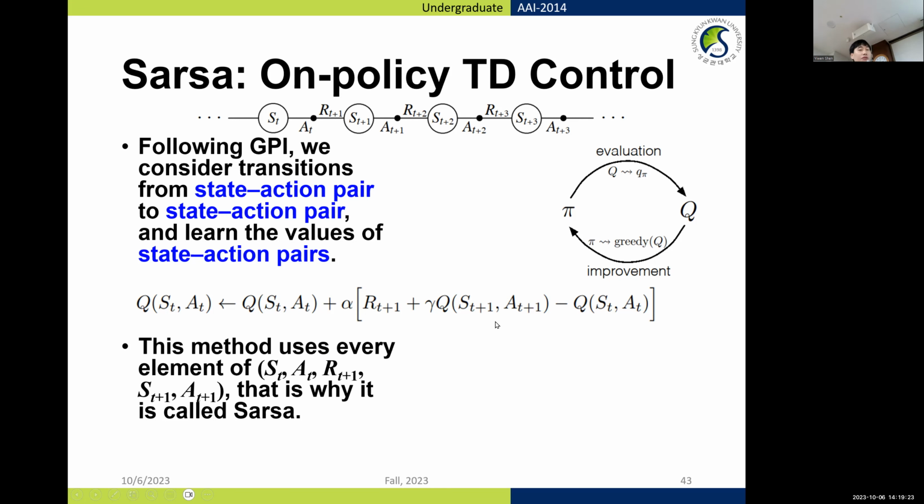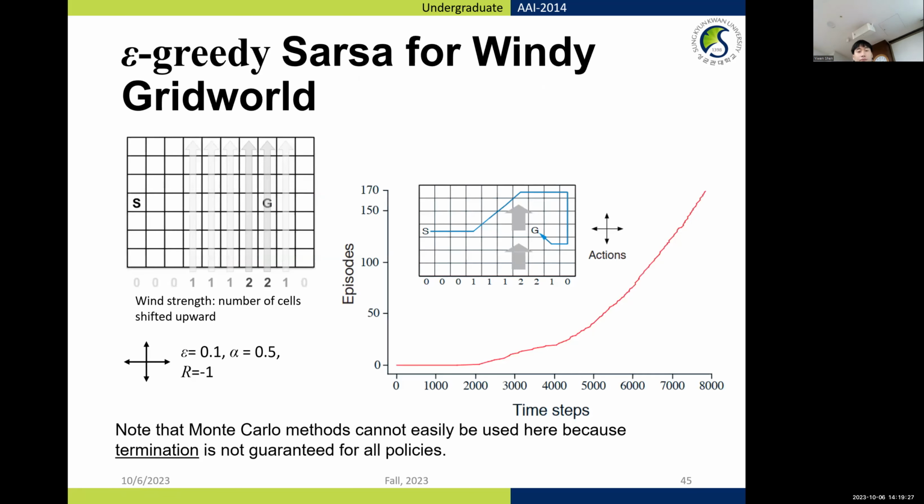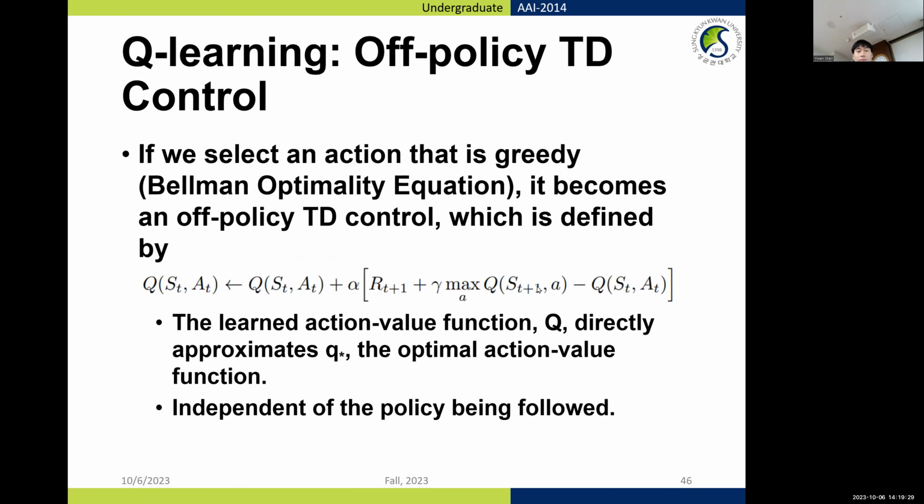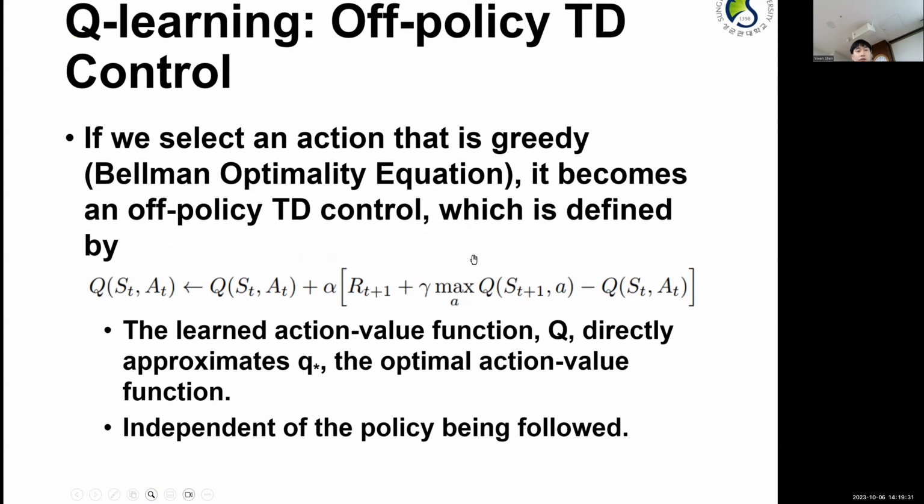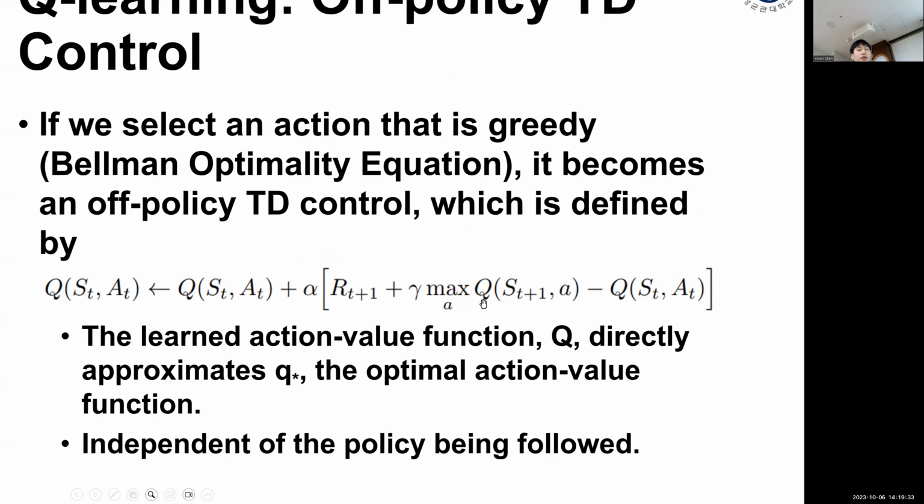Instead of using this policy pi, we just select the greedy policy. We select the action that maximizes the next state value, instead of using the current policy to get the action value function. So that's why it's called off policy, right?